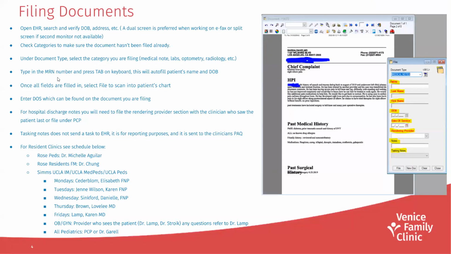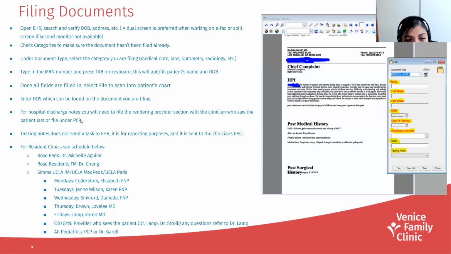Okay, so we type in the medical record number in this field, and this will autofill the patient's name and date of birth right here. All you have to do is enter the date of service, which can be found on the document that you are filing. It will show somewhere like date of service, and you type it in here.